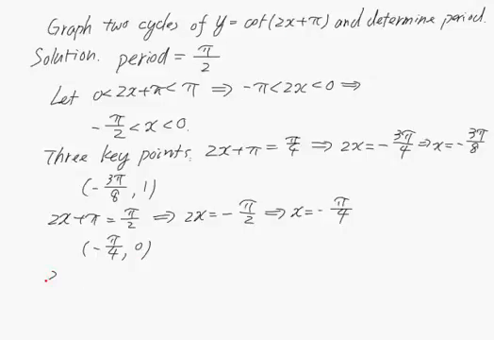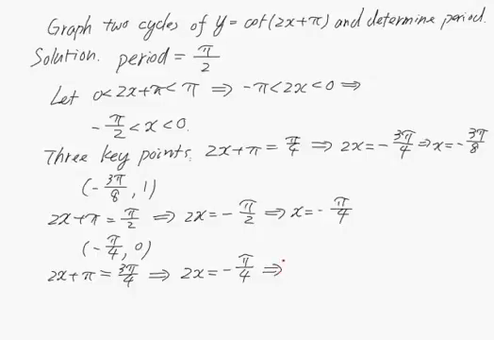And if we set 2x plus pi equal to 3 pi over 4, then we get 2x equal to negative pi over 4, right? 3 pi over 4 minus pi gives negative pi over 4.